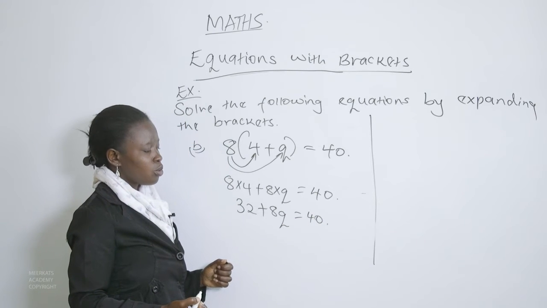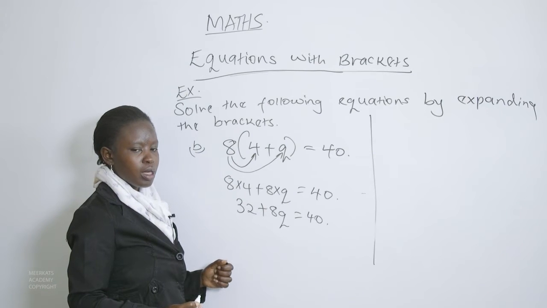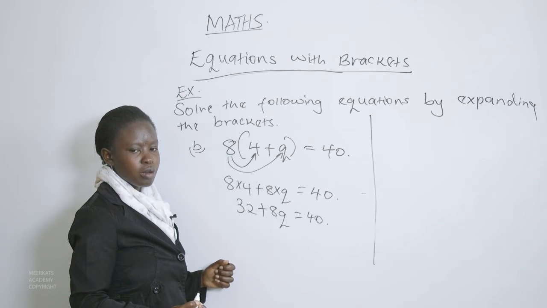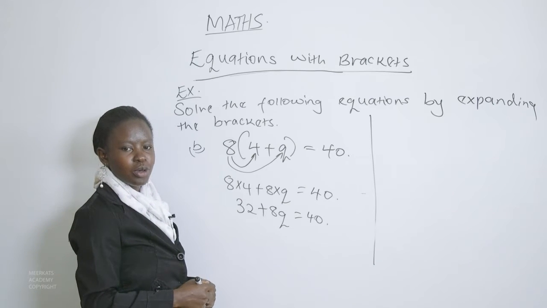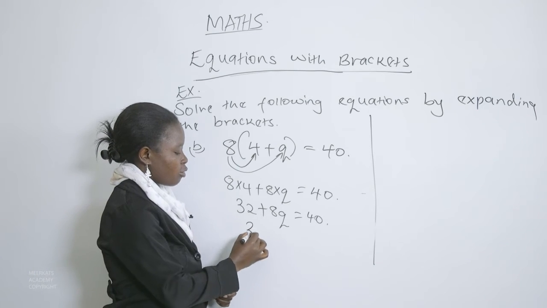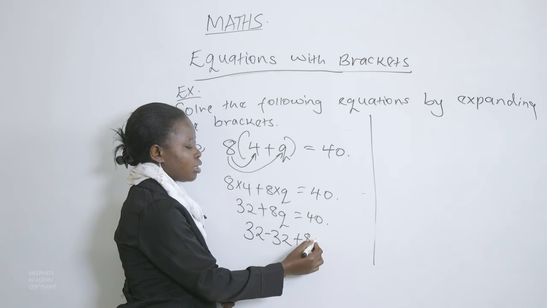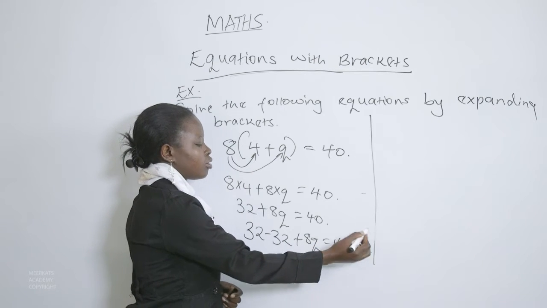For us to solve and get the value of our pronumeral, we have minus 32 on both sides. So minus 32 on both sides, so that we'll have 32 subtract 32 plus 8q will be equal to 40 subtract 32.